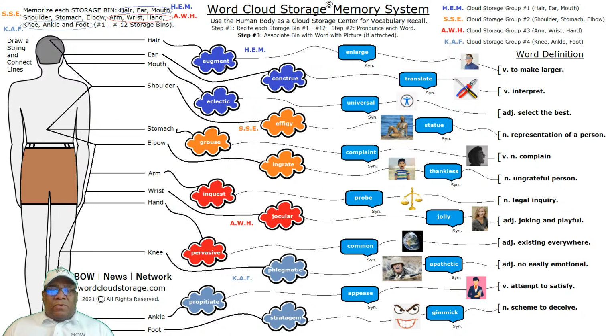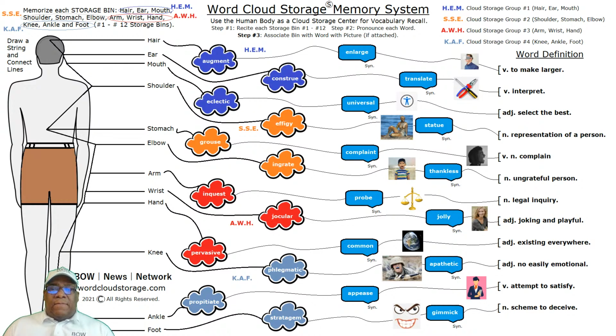Air to construe, you're translating, and you see the screwdriver and the tools there. Eclectic, universal, is to select the best of everything. So eclectic you can associate with the mouth storage bin.